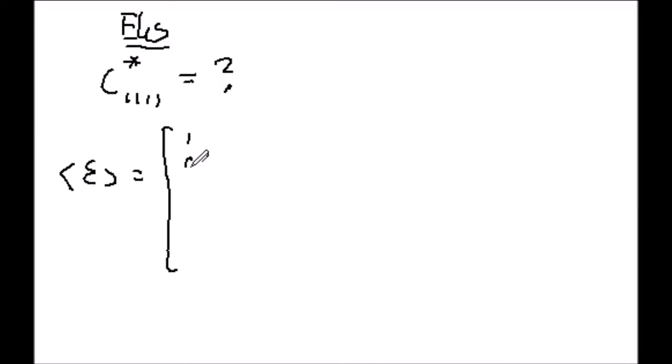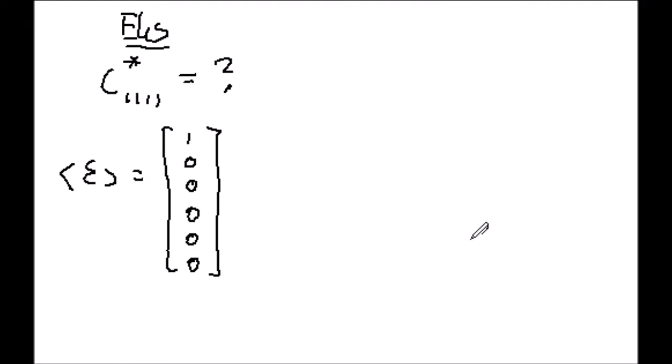So then the average strain vector looks like this. This means that we have stretched the composite material in the one direction, so that the average normal strain in that direction is equal to 1, and all other average strains are equal to 0.